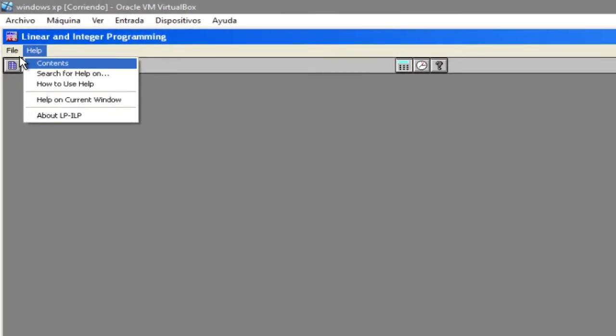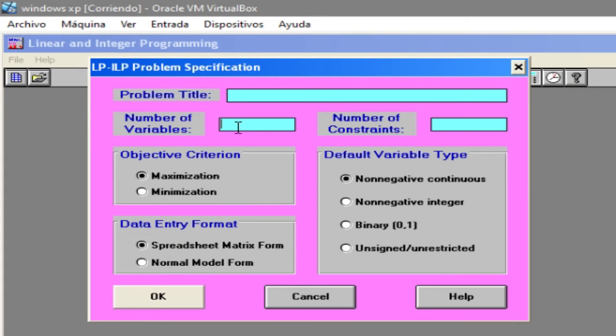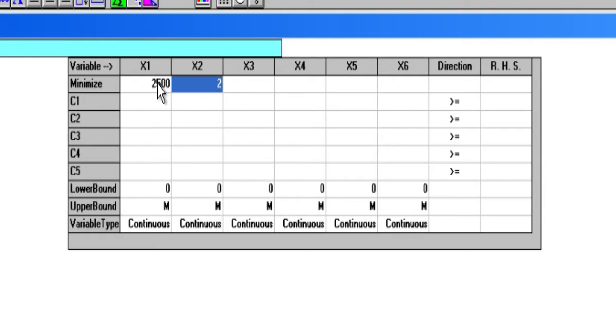When introducing this model to WinQSB, TORA or the simulator for 6 variables and 5 restrictions, the data capture table should be as follows.